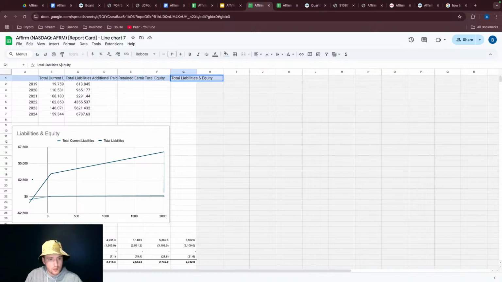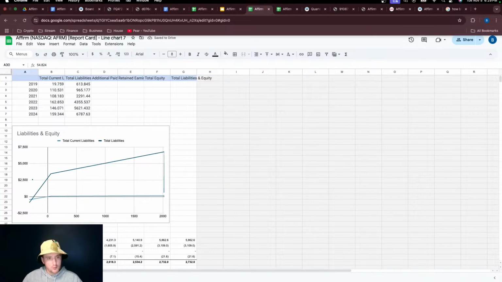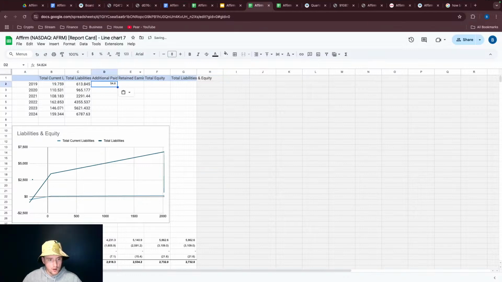Liabilities and equity. Okay, so copy these over again. Retained earnings.